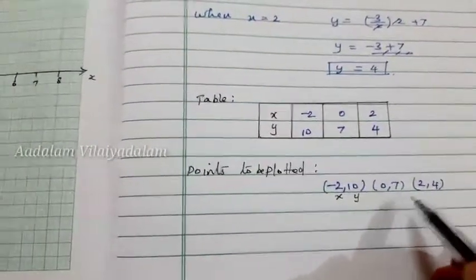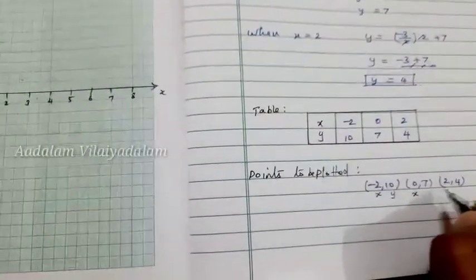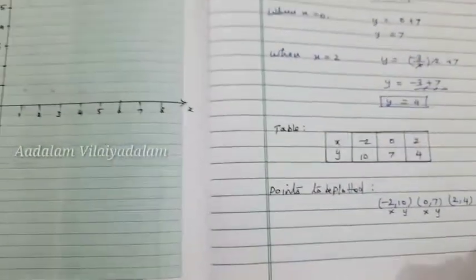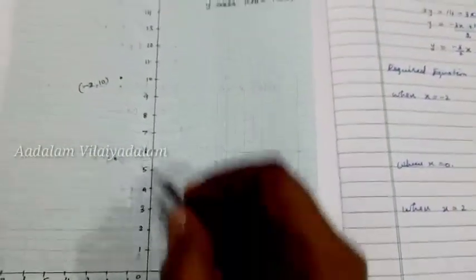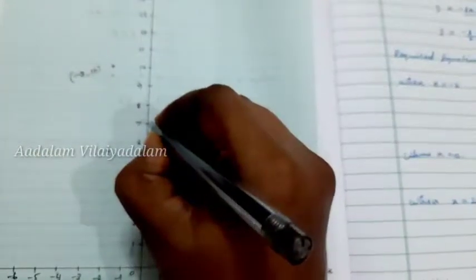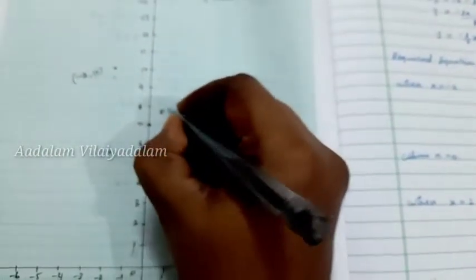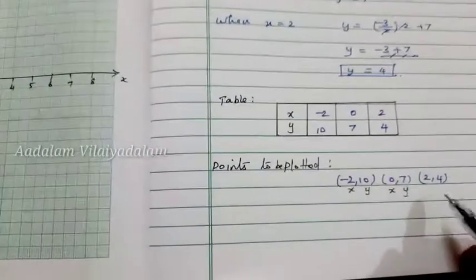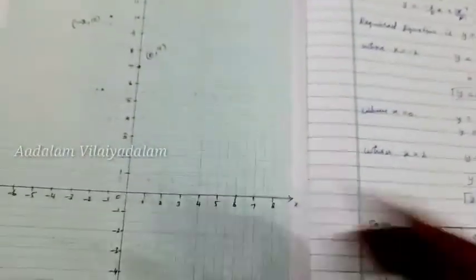Then the next point (0, 7). For the 0 on x, the y will be lying at 7. For the 0 here, for the 7 it will be lying here. Then the third point is (2, 4).